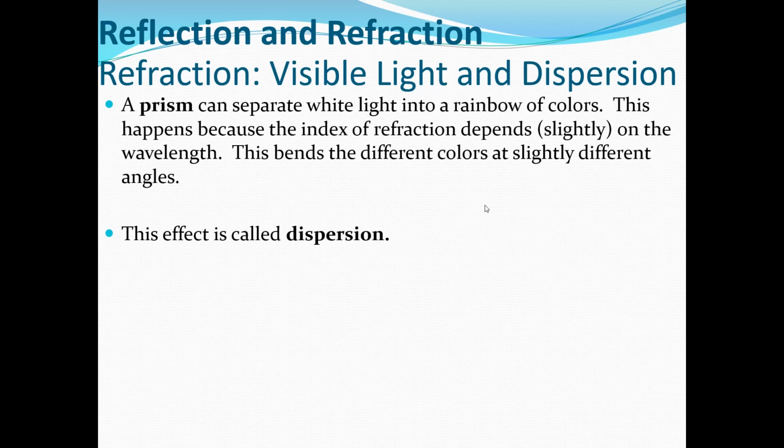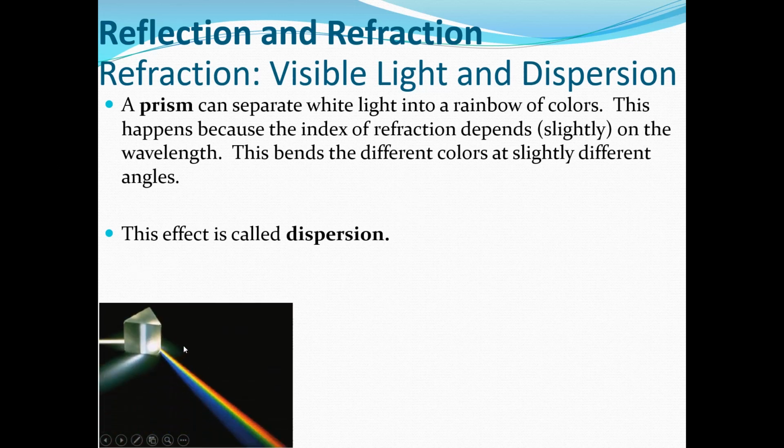But with a prism, because of the shape of it being triangular, as the light comes in and causes all those lights to bend at all these different angles, when it hits the other side, which is at a completely different angle, then all the rays will end up bending differently when they come back out. And that's why we end up getting that rainbow effect with the prism, more because of the change in the geometry. And like I said, that rainbow color effect is what we call dispersion.